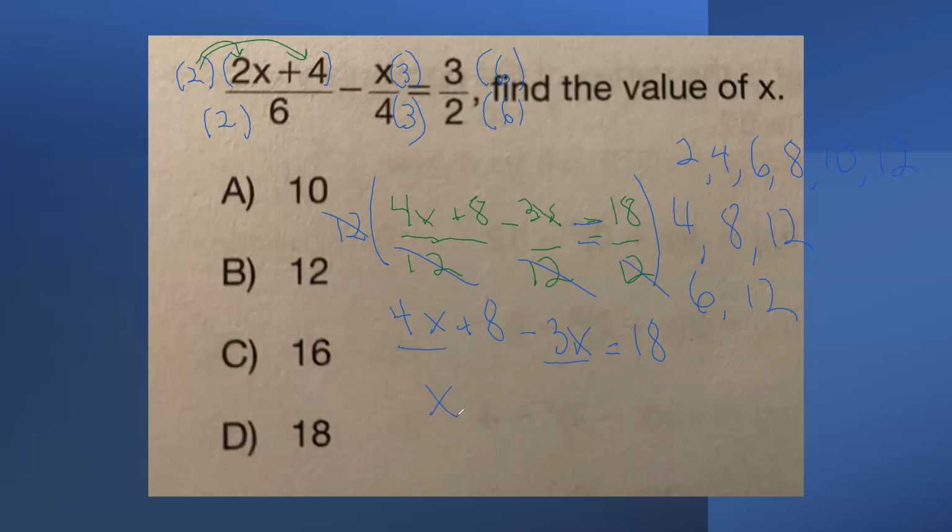When we subtract 8 from both sides, 18 minus 8 is going to be equal to 10. So x is equal to 10. That's my option right there.